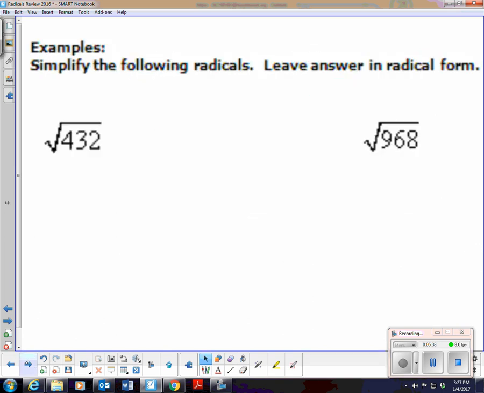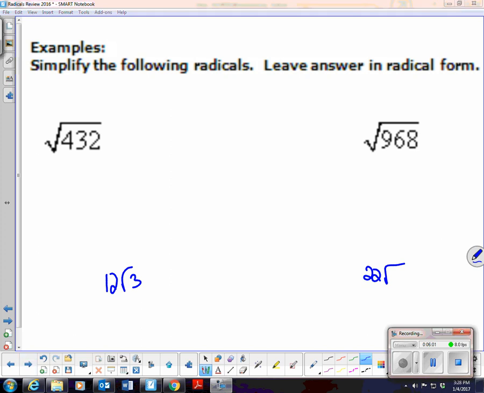Okay. These are some bigger numbers here. You might want to practice with those and see if you can simplify those. If I put the answer up here, you would know them real quickly. So you might want to pause the video, wait a second, and then check. When you get this one, you'll get 12 square root of 3. And this one, you'll get 22 square root of 2.